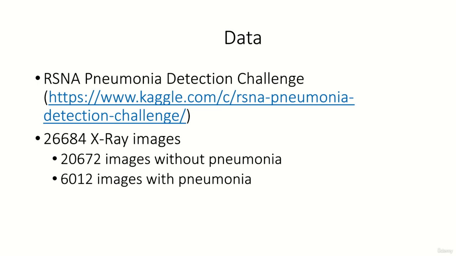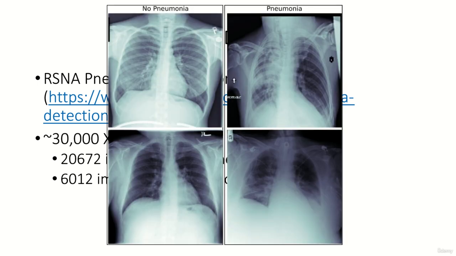As you can see, the data is quite imbalanced, which increases the challenge. In this example, you can see 4 X-ray images where the 2 pictures in the left column do not show any signs of pneumonia, whereas the patients in the right column actually suffer from pneumonia.